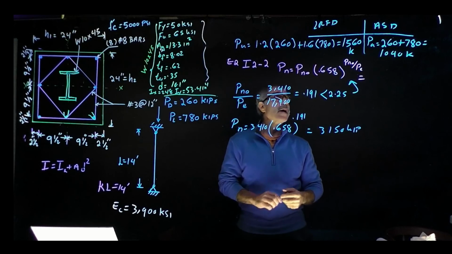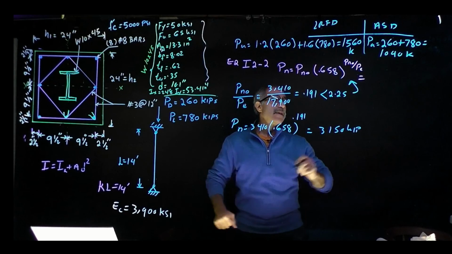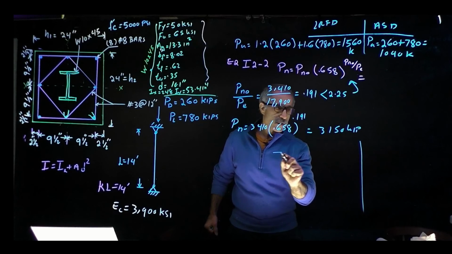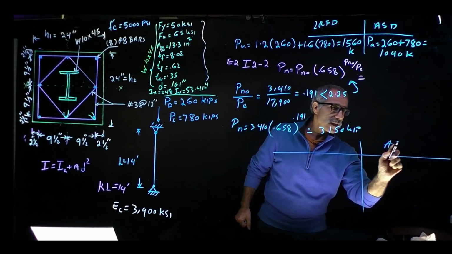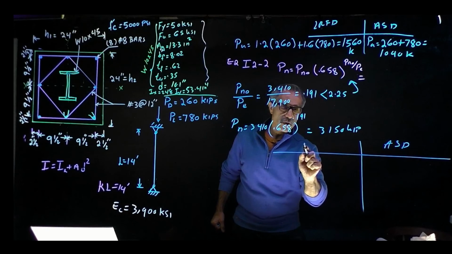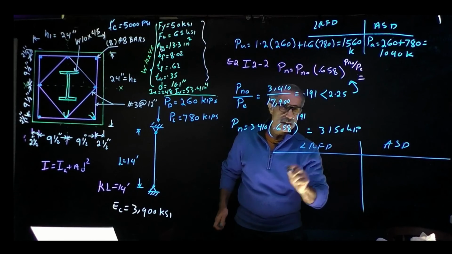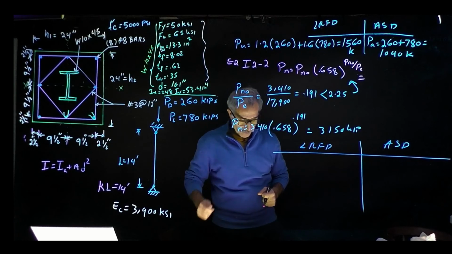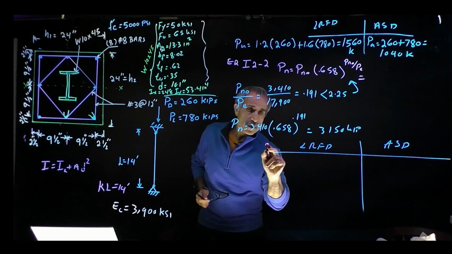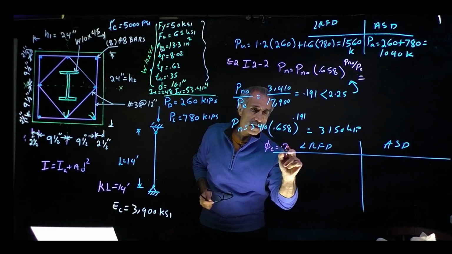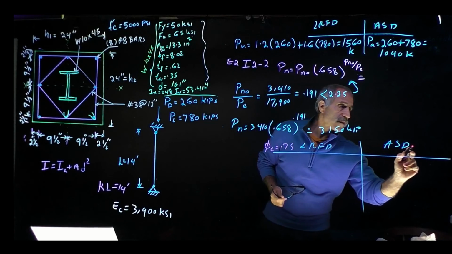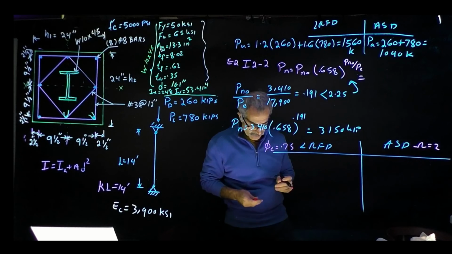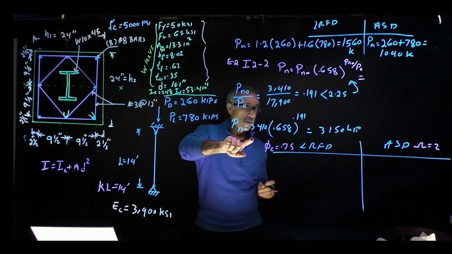So now we have that, and I need my LRFD again. If I come back in here and divide this by 2, we say this is ASD and this is load resistance factor design. The phi for this one, per spec, is 0.75, and omega for this one is equal to 2. So now we have our number here.